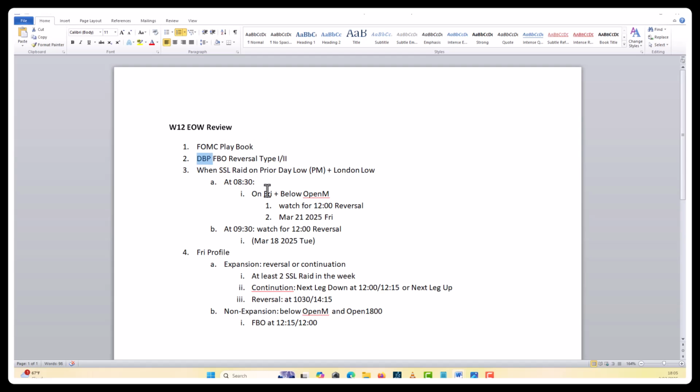Here's a double bottom, and this week, 2 days in a row, the double bottom pattern was a beautiful formation. We have to add the time in there, and it gives a very high probability setup.